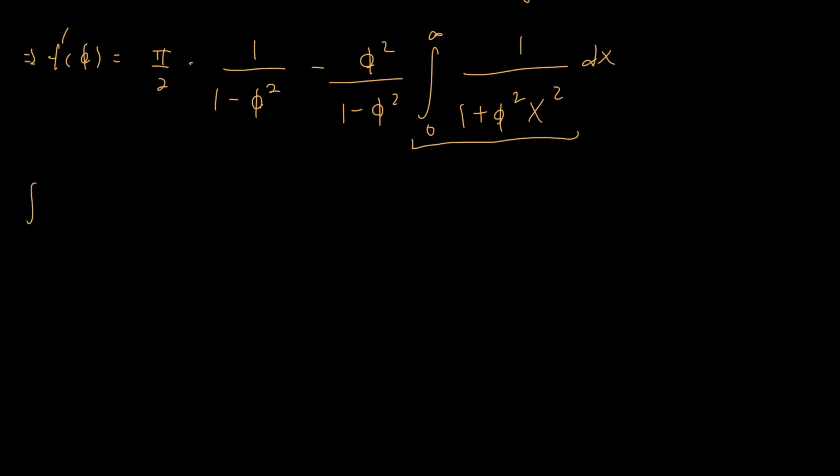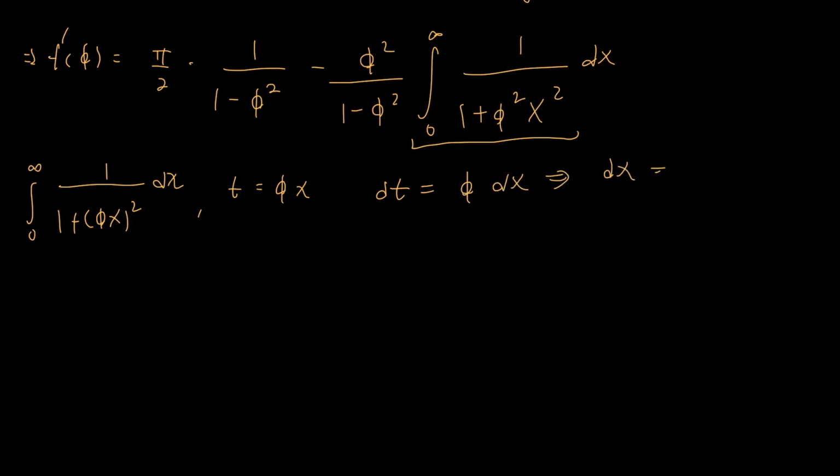So the integral from 0 to infinity of 1 over 1 plus, we could rewrite this as (phi x) quantity squared, dx, and just make a simple substitution. We're going to let t equal phi x, but that means that dt equals phi dx. Solving for dx, we have dx is dt over phi, and the limits of integration do not change here.